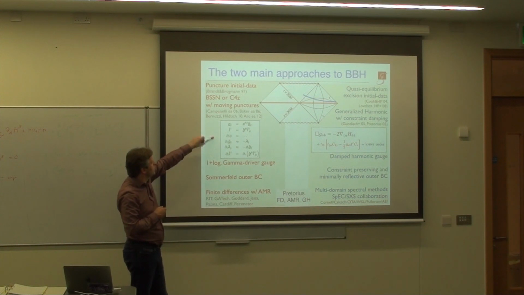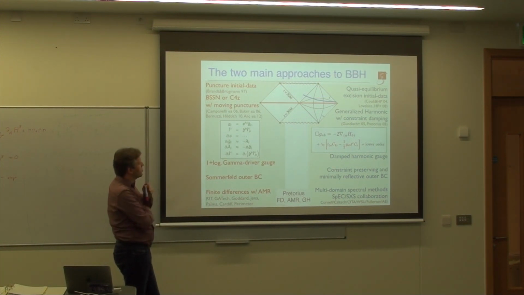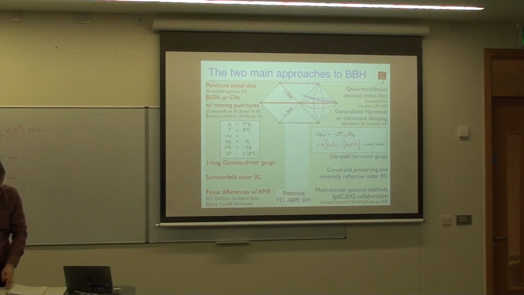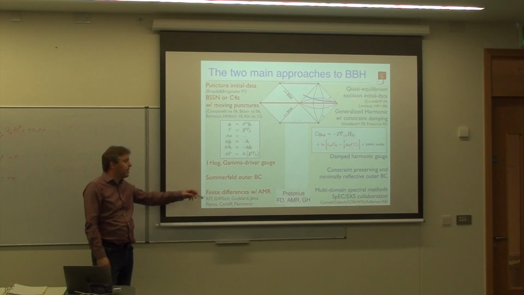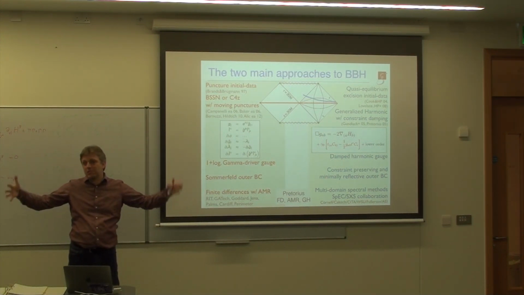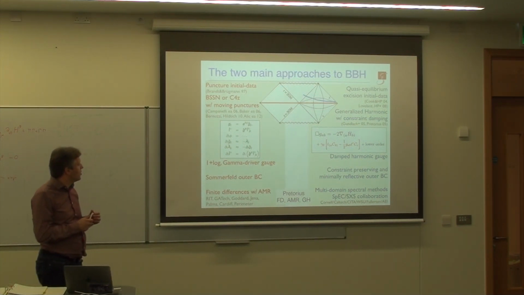And here's the set of equations we had on the blackboard earlier with that type of gauge conditions. And those typically are being run with finite difference codes with adaptive mesh refinement. We talked about finite difference codes with second order in space stencils. Those codes tend to be using 8th order stencils. So instead of 3 grid points, you have 17 grid points. But you gain a lot higher accuracy that way.